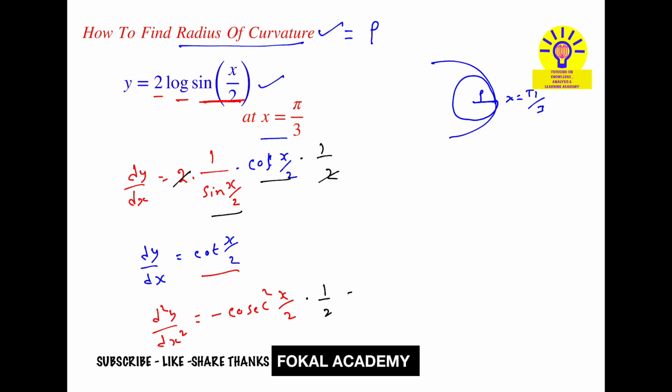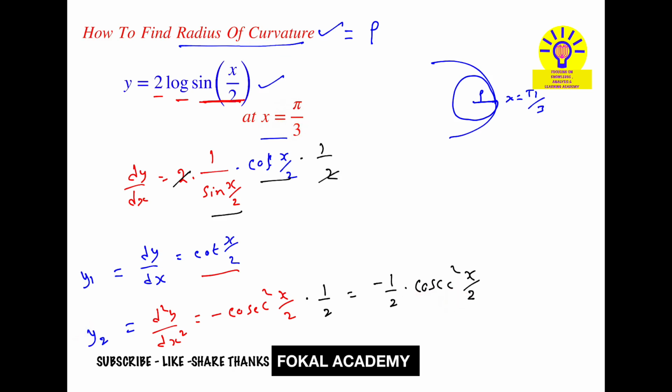So it becomes minus 1 by 2 into cosecant square x by 2. Now let the first derivative be y1 and the second be y2. Now I am going to find the y1 and y2 values at the point x equal to pi by 3. Substitute this x value in the first equation to get the y1 value at this point, and in the second equation to get the y2 value.